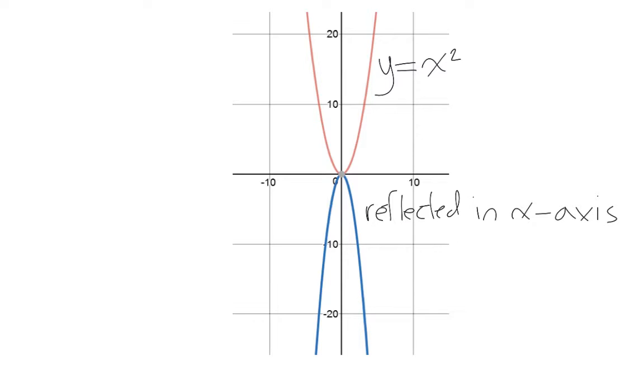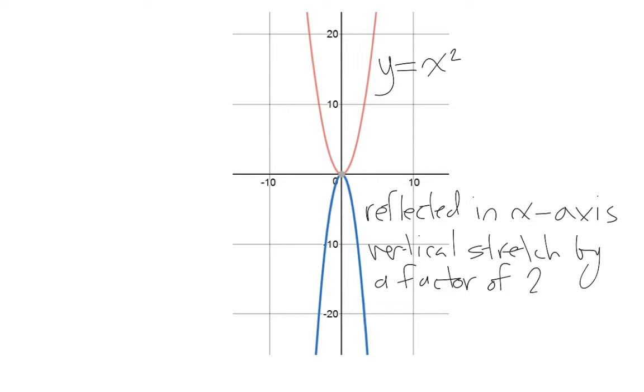Moreover, it has experienced a vertical stretch by a factor of 2. And that should make sense because when you reflect something in the x-axis, it's no longer going to be opening upwards, it's going to be opening downwards. And if you're going to vertically stretch something, it should be more narrow, and it does appear to be more narrow than the base parabola.